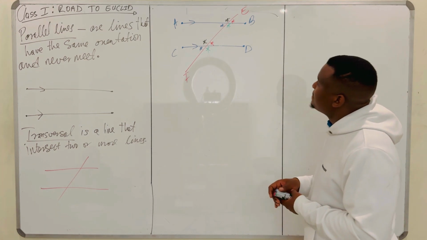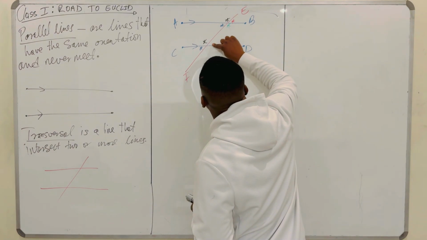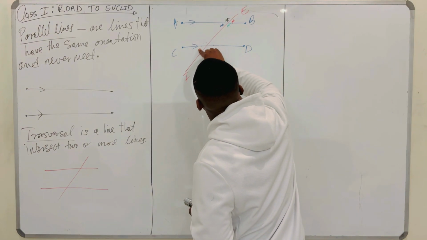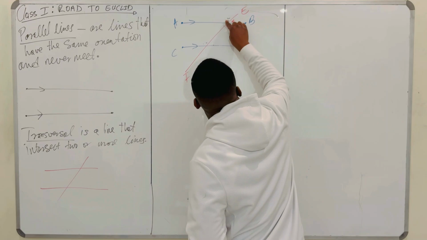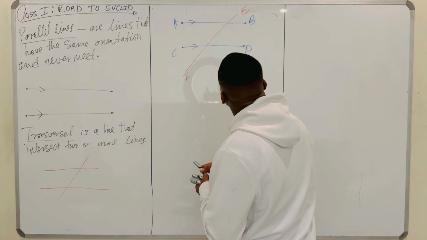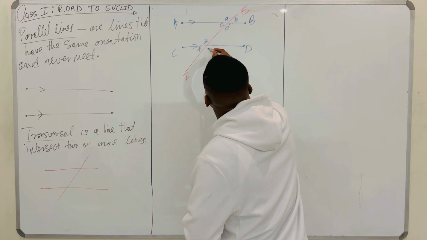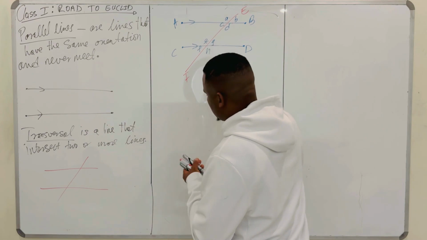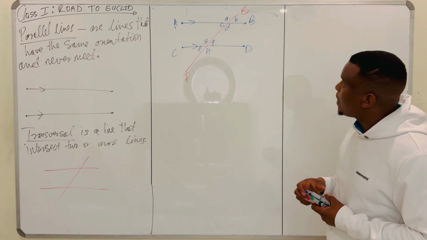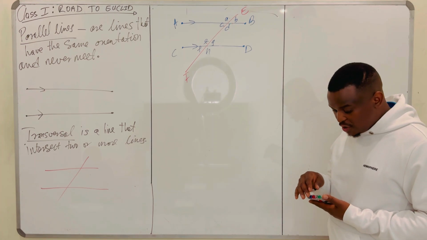So, if I were to clean this off, let me clean this. And say, this is A, B, C, D, E, F, G, and H. I want us to point out the corresponding angles here.